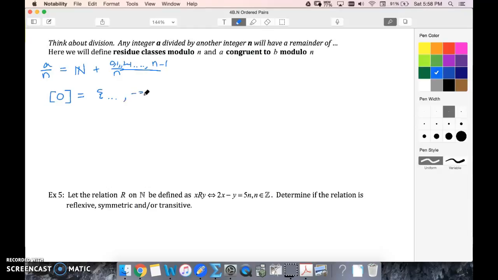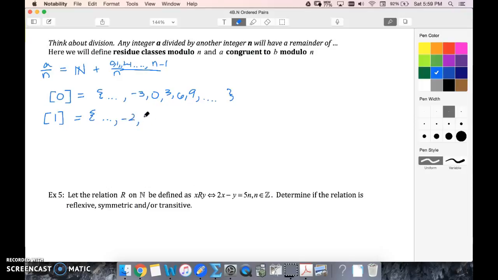So I could start -3 divides evenly, 0, 3, 6, 9, and so on and so forth. If I think about numbers that would have a remainder of 1, well, it's going to be all the numbers that are 1 greater than these.